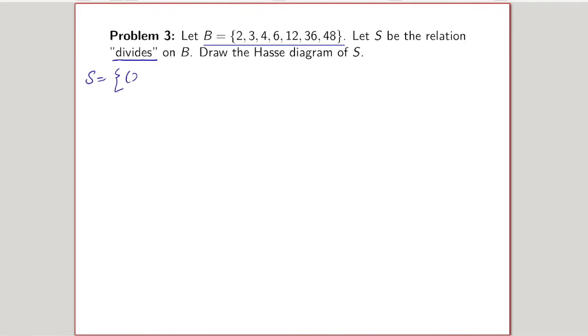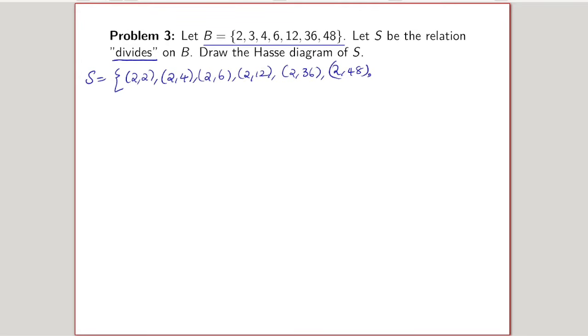We know that clearly 2 divides 2, and 2 divides 4, 2 divides 6, 2 divides 12, 2 divides 36, 2 divides 48. Next one, 2 doesn't divide 3, we should not write it.